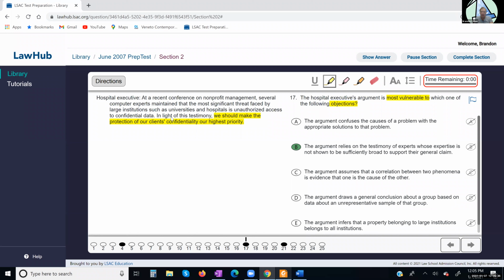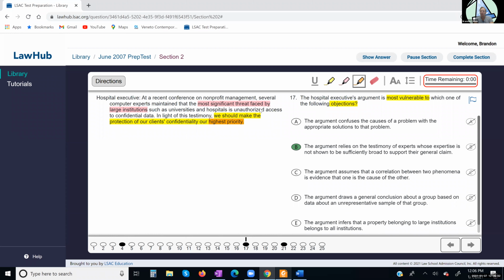And what they're saying is that there's the most significant threat. Now, let me just kind of say this. If we knew for a fact that the most significant threat faced by large institutions such as hospitals is something, then I think we can make a little bit of a jump to say that it should be the highest priority to address that.